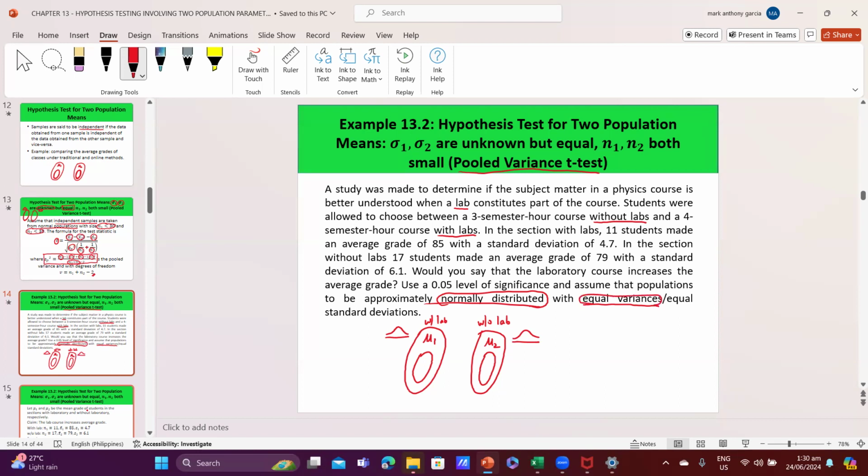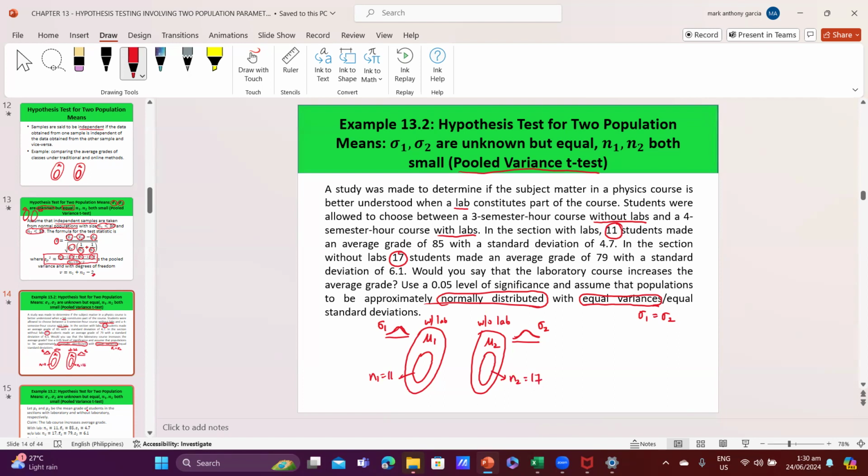And it says here that the variances or the standard deviations of these normal distributions are equal. Which means that the normal curves here have the same width. Or we say that the standard deviation of the first population and the standard deviation of the second population are equal. Now also, the sample sizes obtained from these two populations are 11 and 17 respectively. Which means that n sub 1 equals 11 and n sub 2 is equal to 17.